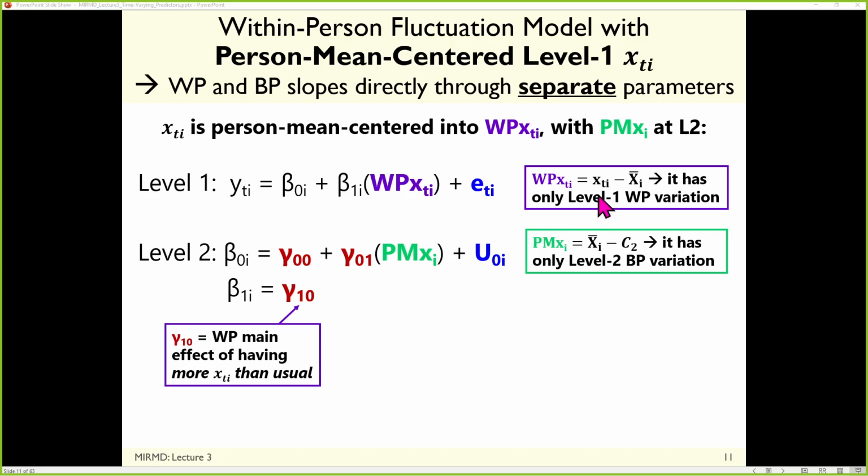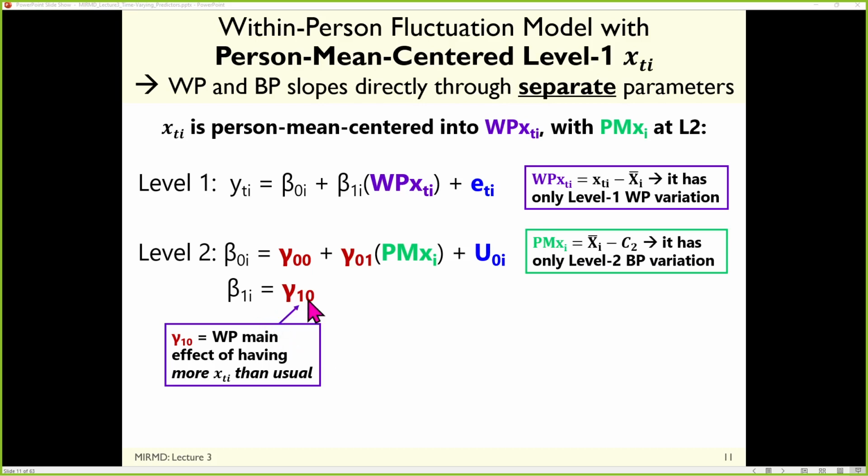Because I have pulled all of the between-person variation in the predictor out of it, it only has within-person variation left. The slope can only be the within-person effect. So we've kind of experimentally controlled these variables by pulling the pieces apart ourselves.